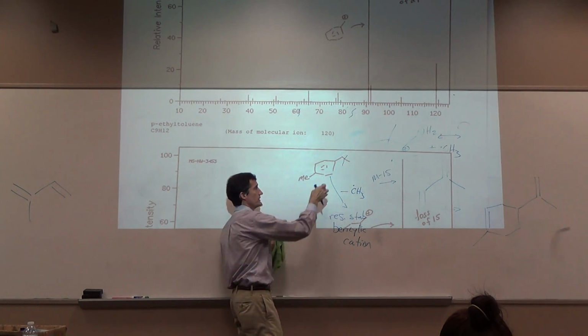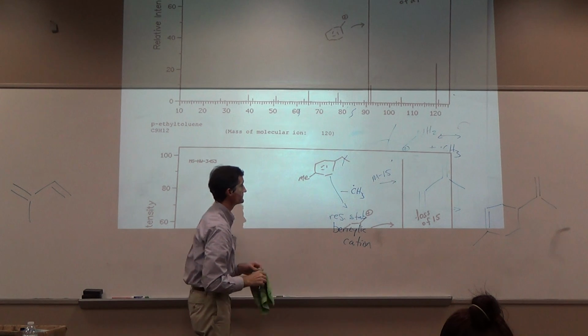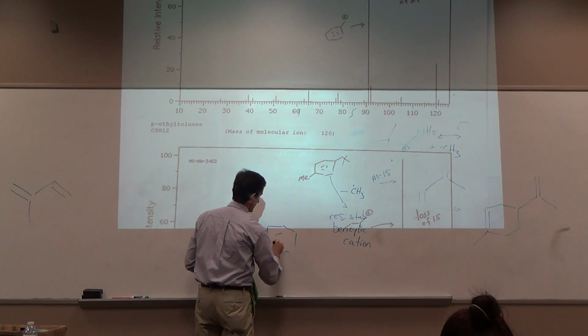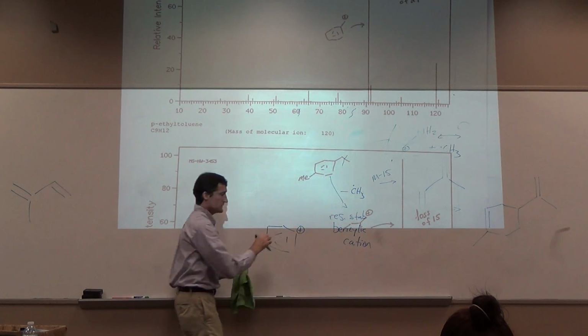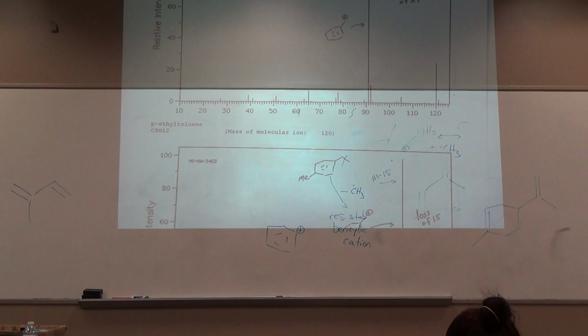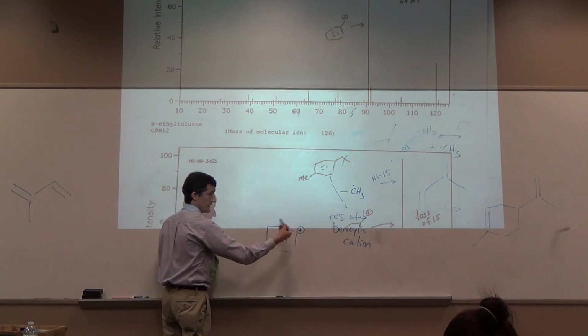What you're not going to do is cleave between the ring and a carbon. I know it's going to blow your mind, but that is not a resonance stabilized cation. If you think about it, it's not. If you draw your orbitals, this has 6 p orbitals all overlapping.